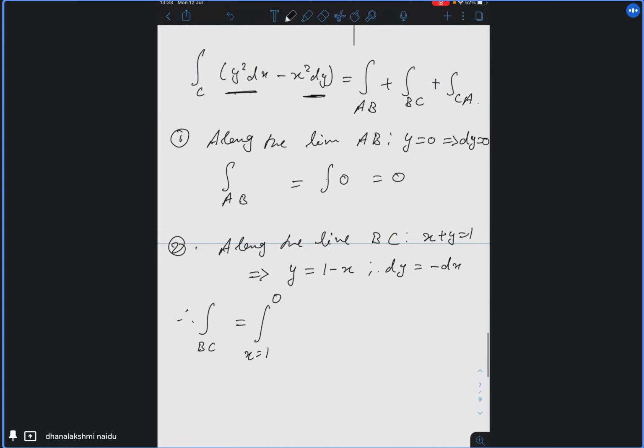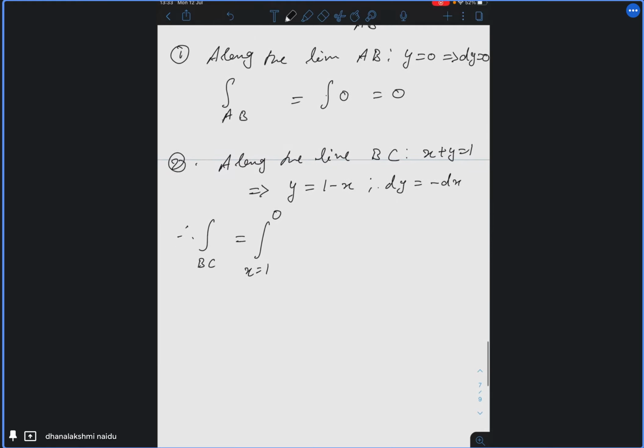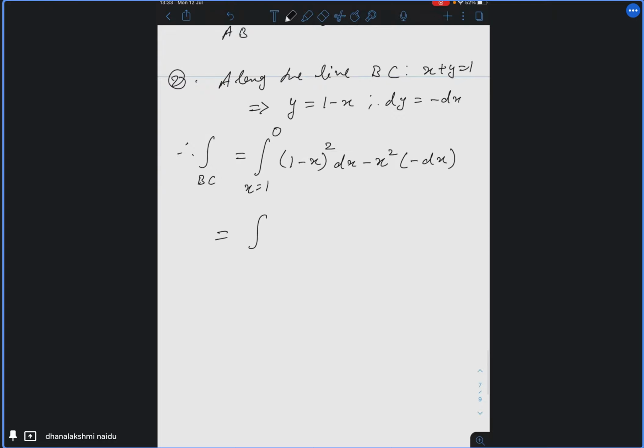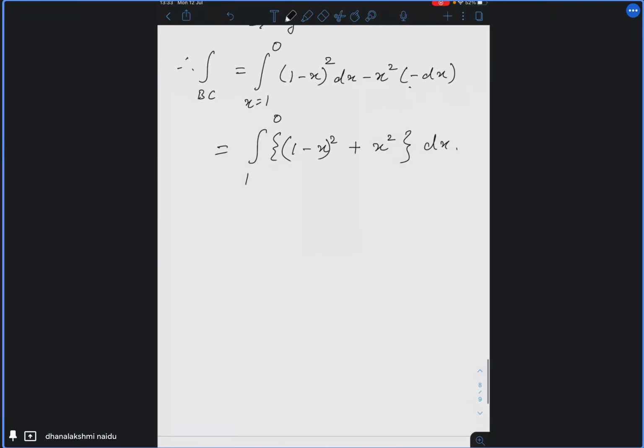Now, what is the function here? Y square dx, so y square means (1 minus x) whole square dx, minus x square as it is dy. Dy is minus dx. So overall this is the integral from 1 to 0 of (1 minus x) square, minus minus will be plus x square, and this whole thing dx. Understood all of you? Yes, ma'am.